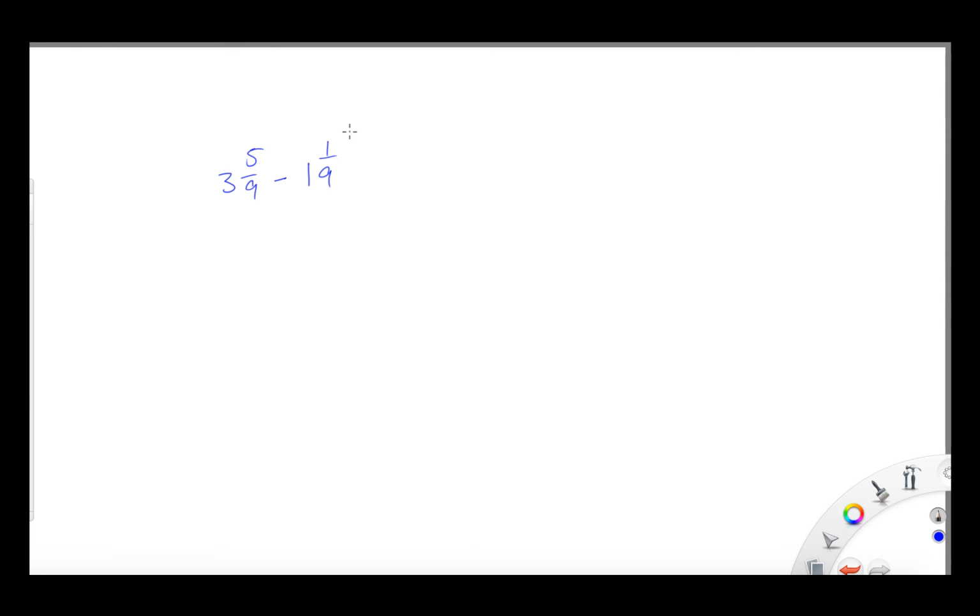Okay, in this arrangement, it's easy because we've got a common denominator. So we're going to put our common denominator down. What's 3 minus 1? That's 2. What's 5 minus 1? And that's 4. So again, not too difficult.